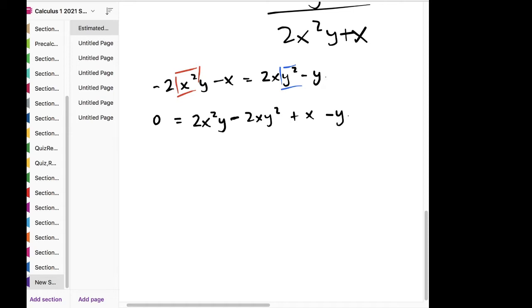Yeah. So in this first term, there's a common factor of 2xy. So then you get, what do you get? You get x squared, or no, you get x minus y.